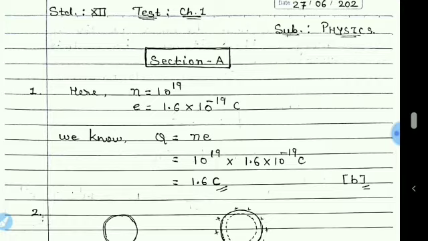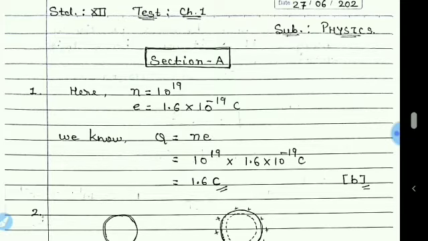And if the electrons are deposited, the body becomes negatively charged. So this is clear that the metal plate from which the electrons were removed will become positively charged.